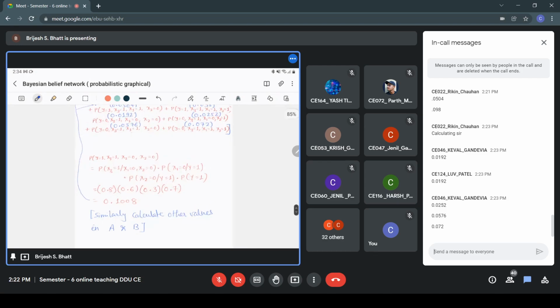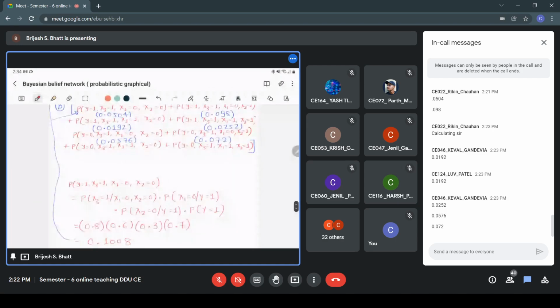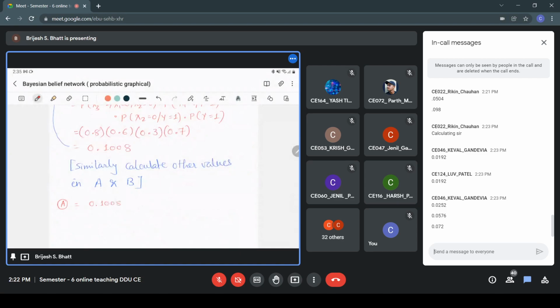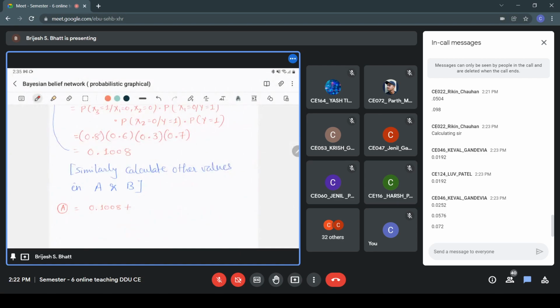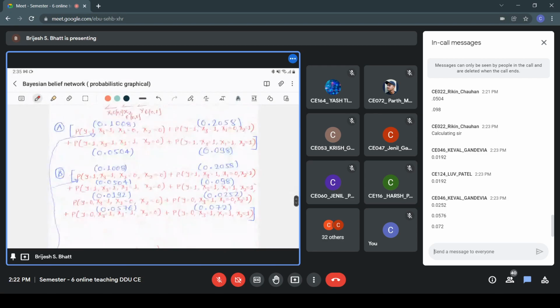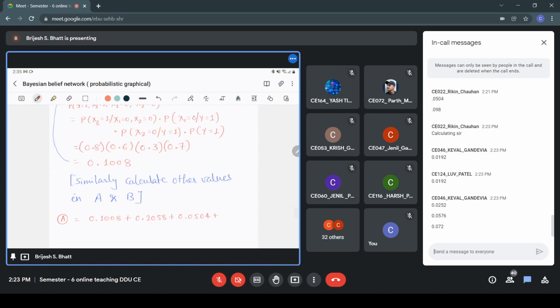And we get A is equal to 0.1008 plus 0.2058 plus 0.0504 plus 0.098.